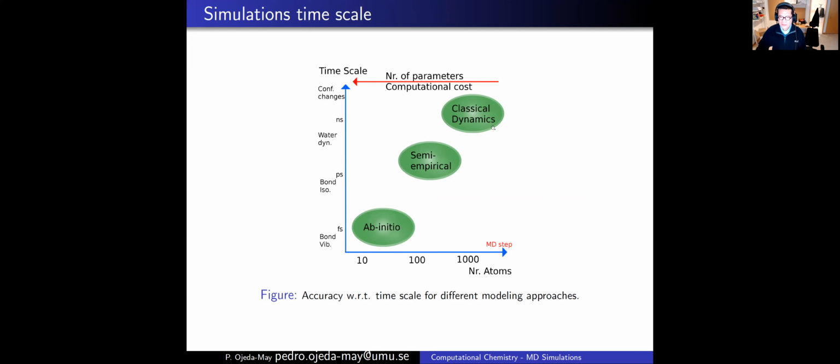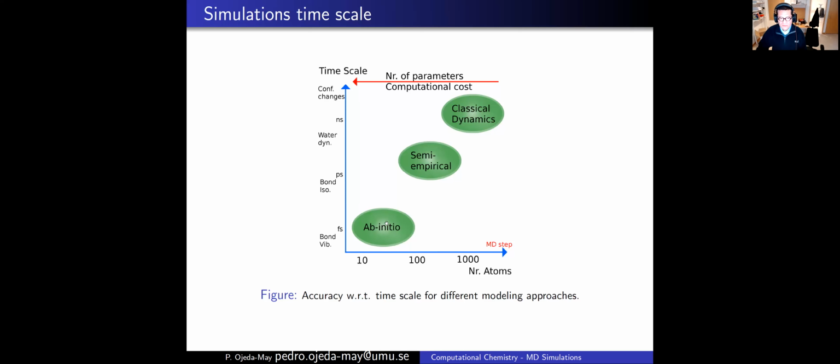And with these simulations, you can consider millions of atoms, right? In this scale, millions of atoms. And also, you can do some sampling to the nanoseconds or microseconds simulations. And in this time scale for nanoseconds and microseconds and larger, you can detect some conformational changes of biomolecules, for instance.